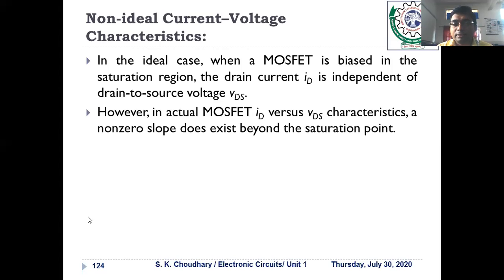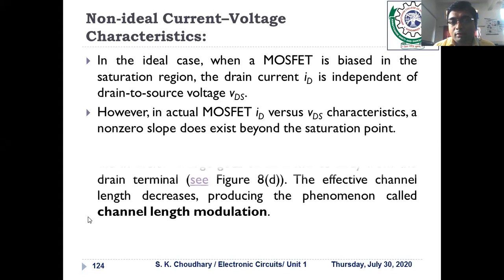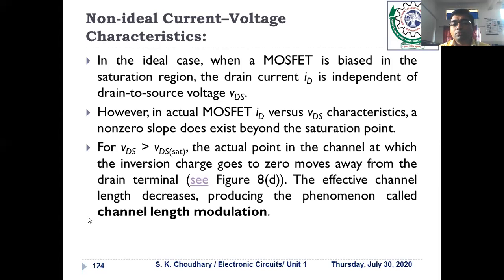That is the ideal condition. But when you draw the practical IV characteristics, or actual ID versus VDS characteristics, it results in a non-zero slope beyond the saturation point. Means ID is not completely independent of drain to source voltage.